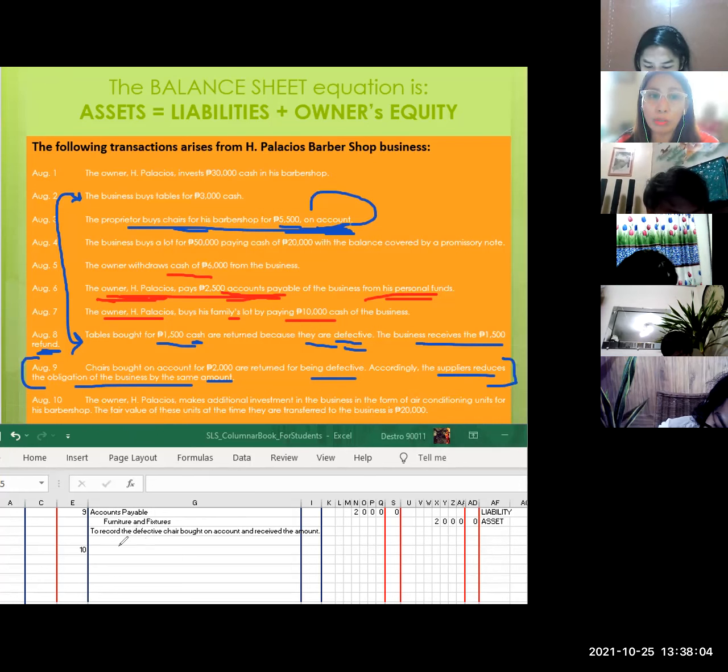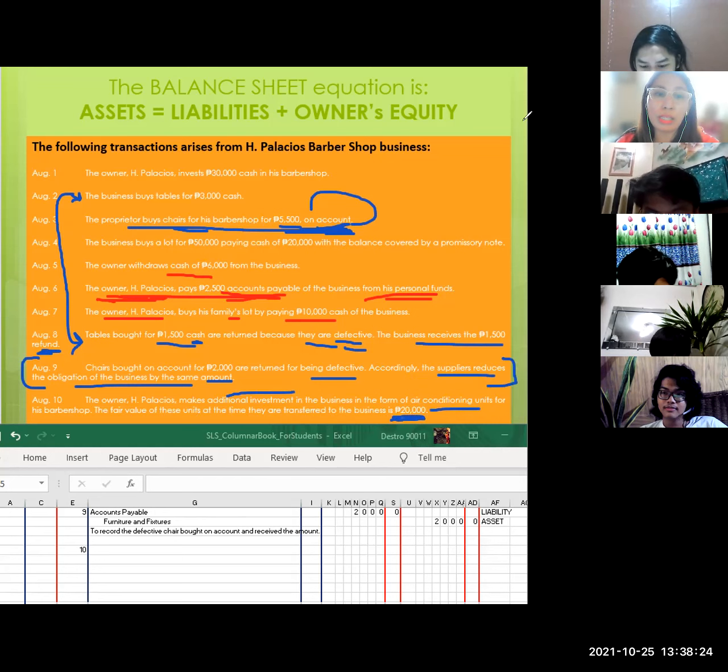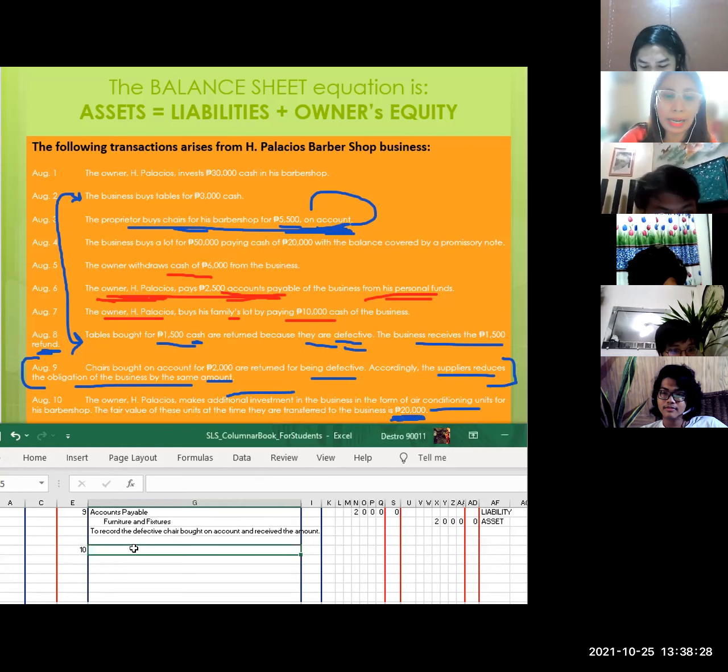For number 10, there is an additional investment by the owner in the business, but not cash, in the form of air conditioning. The amount of the air conditioning at that moment is 20,000 pesos. Air conditioning units fall under the furniture and fixtures title.